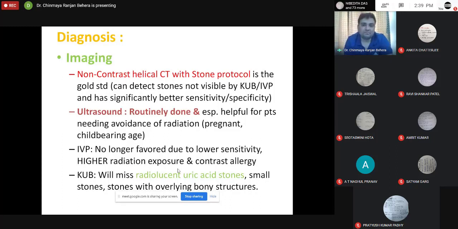IVP was done earlier, but with the advent of CT, IVP is no longer used. It is done mainly where there is no CT. KUB, that is X-ray of the kidney, ureter and bladder, you can do it, but sometimes you will miss it.